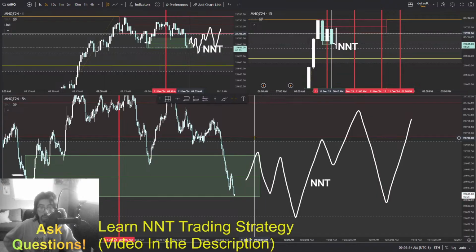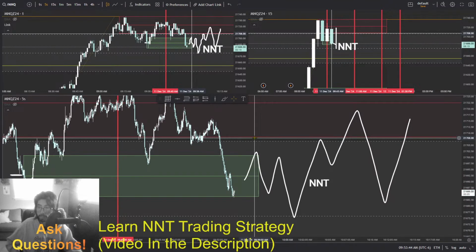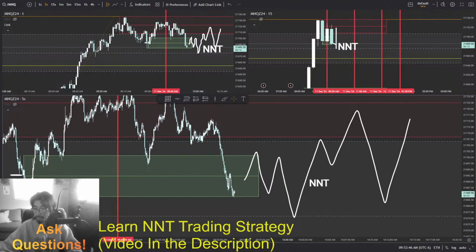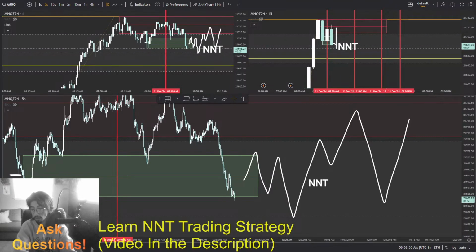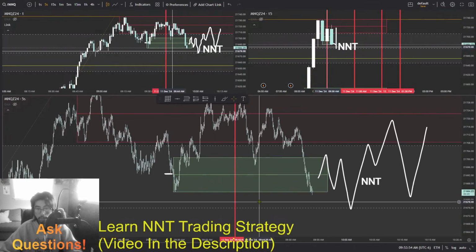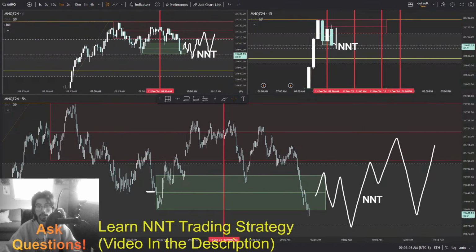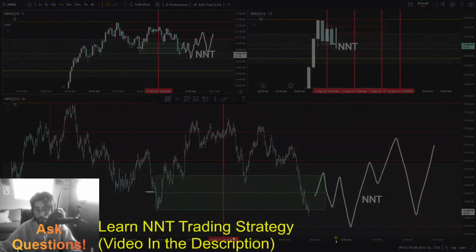Yes, my stop would have been hit. Yeah, so I didn't take this because it was super counter trend. I'm gonna take a picture of this so I can document it.